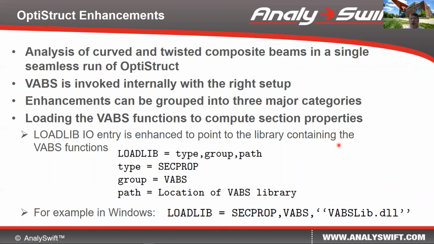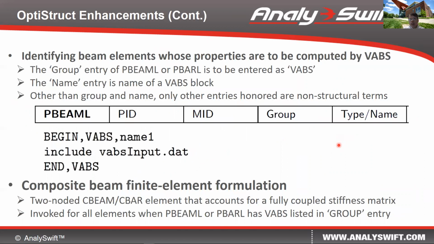First, you can directly use OptiStruct to load VABS to calculate the cross-sectional properties. Second, you can identify particular beam elements within an OptiStruct 1D beam finite element model to specify which properties will be computed by VABS. And third, the beam elements for OptiStruct can now account for a fully coupled stiffness matrix.